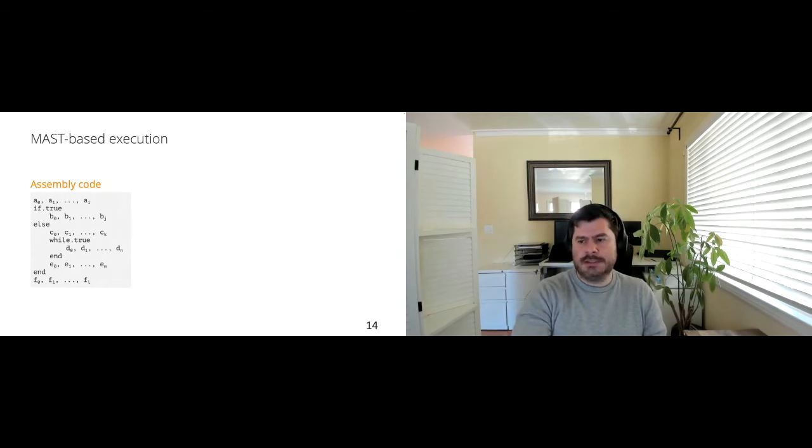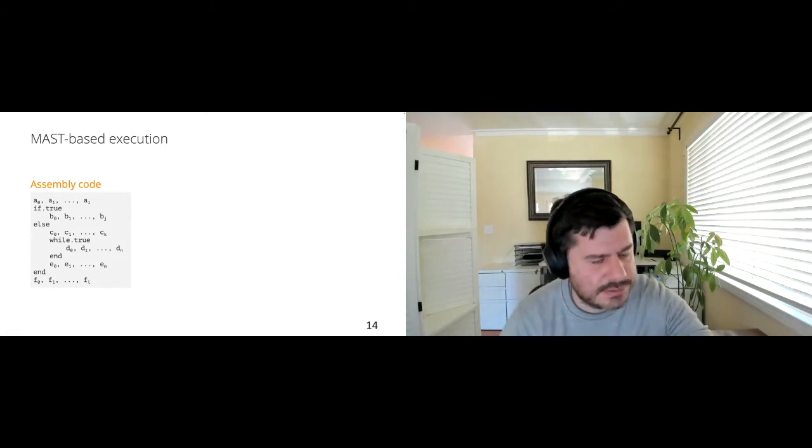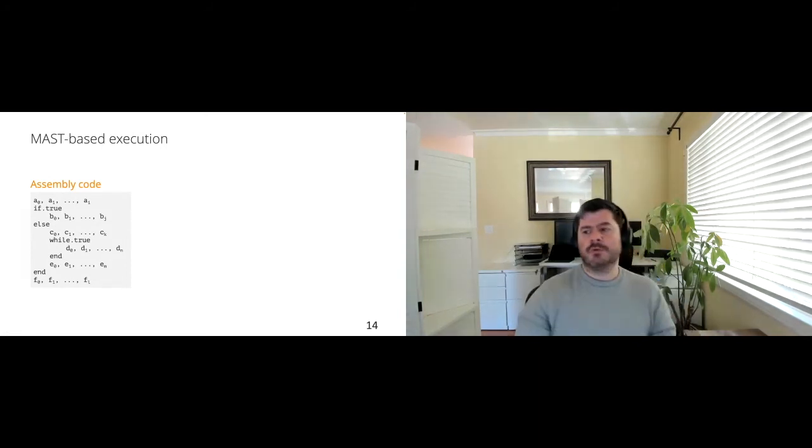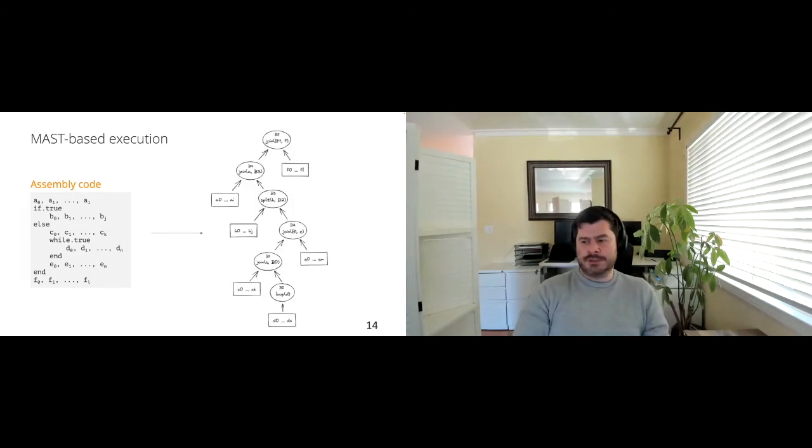The way this gets translated, and I'm not going to go into super deep detail on this, is an abstract syntax representation of this program, where we have different nodes, which we call program blocks, in a tree. So, for example, a join block means that you execute the left side and then the right side. A split block means you only execute one of the branches, depending on what the condition on top of the stack is.